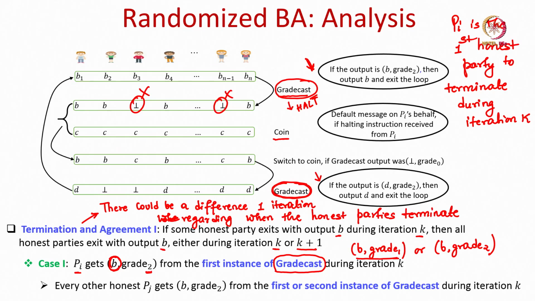So, irrespective of when exactly it happens, whether during the first or the second invocation of Gradecast, during the same iteration everyone else will output the value B with grade 2, and that will imply that they also exit the loop during the same iteration.